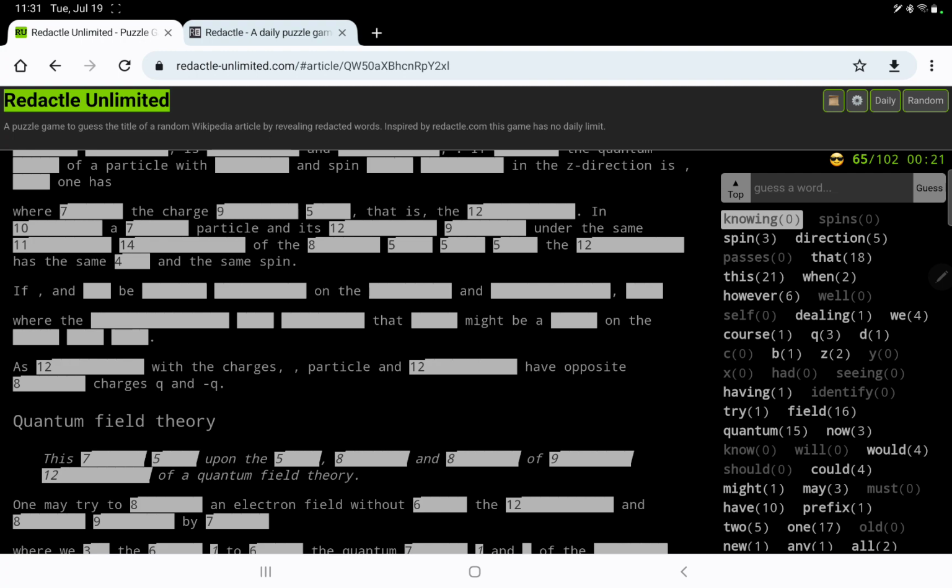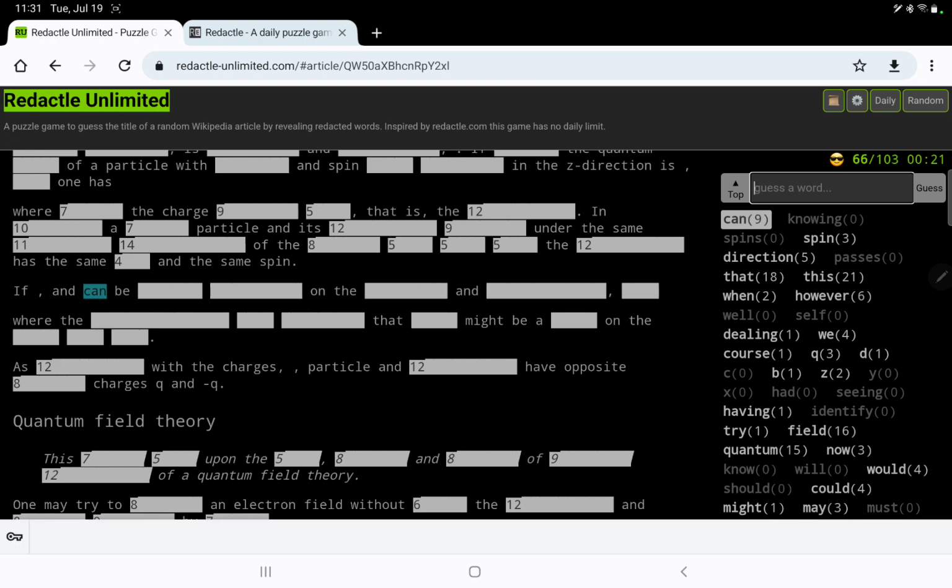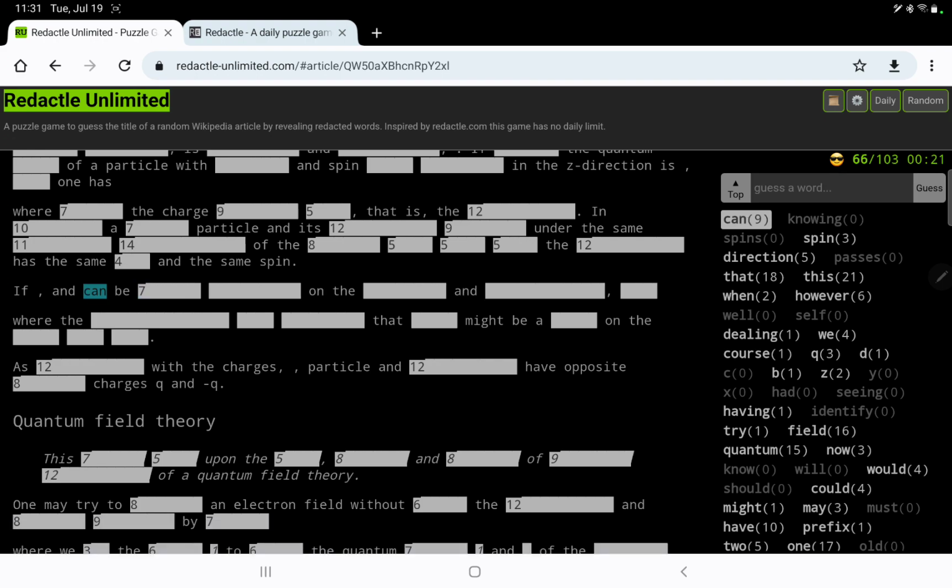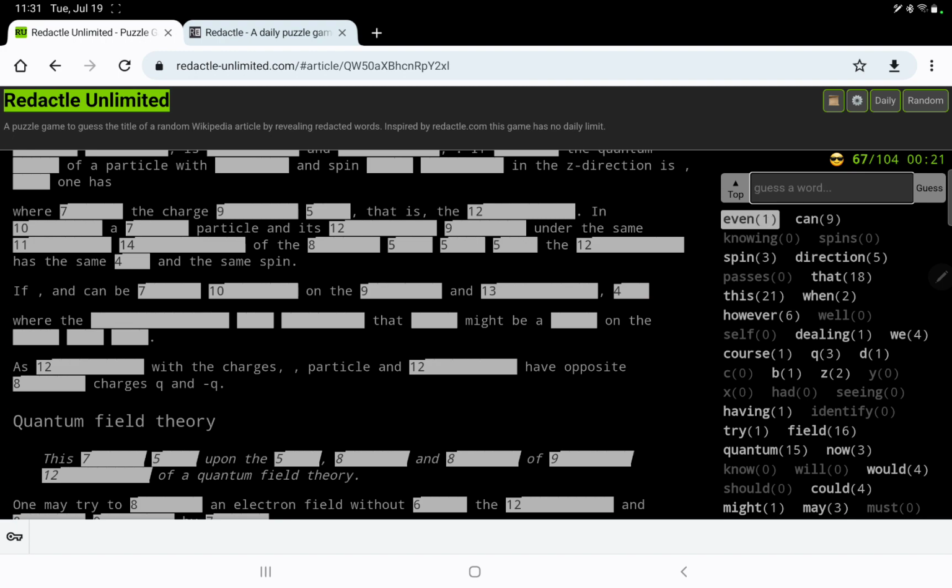The 12-letter word. If, and then again something missing, and can be, yeah, can be 7, 10 on the 9 and 13. Maybe even where, no, even flow, let's try flow, no.